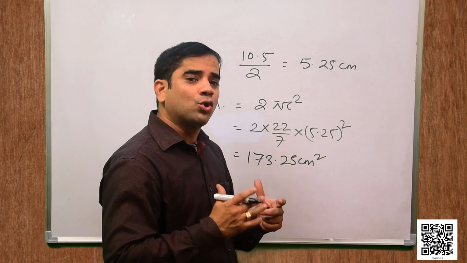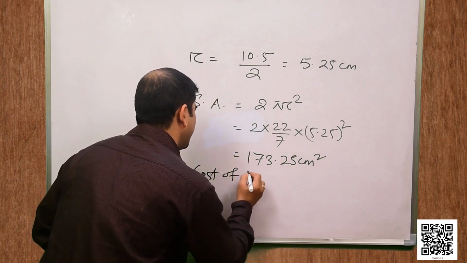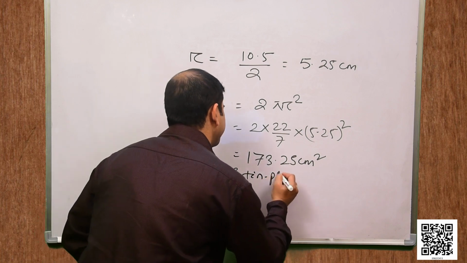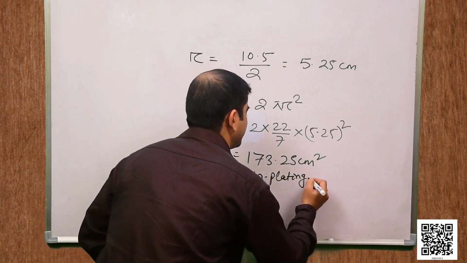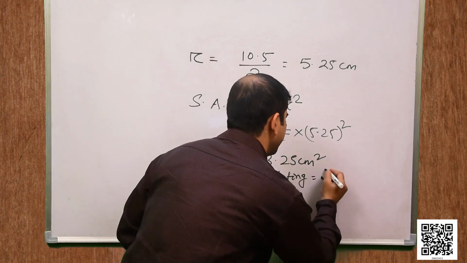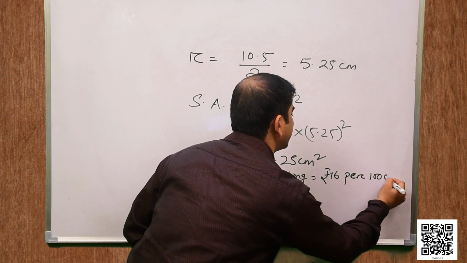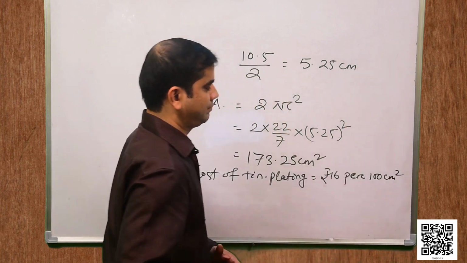Now, let us find the total cost. Cost of tin plating is equal to rupees 16 per 100 centimeter square.